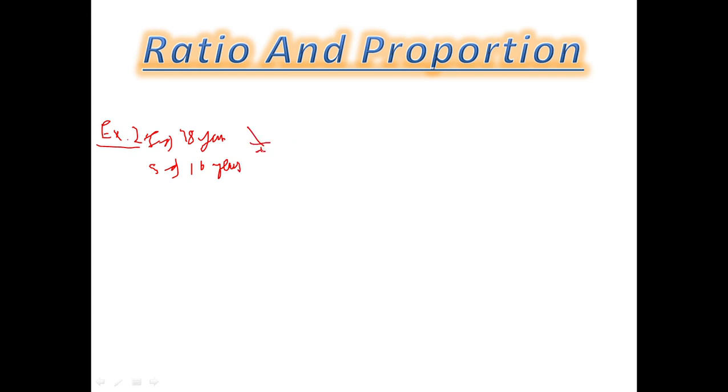Find the ratio between father and son. 48 to 16 reduces to 3 to 1. It is 3:1. You can say that.